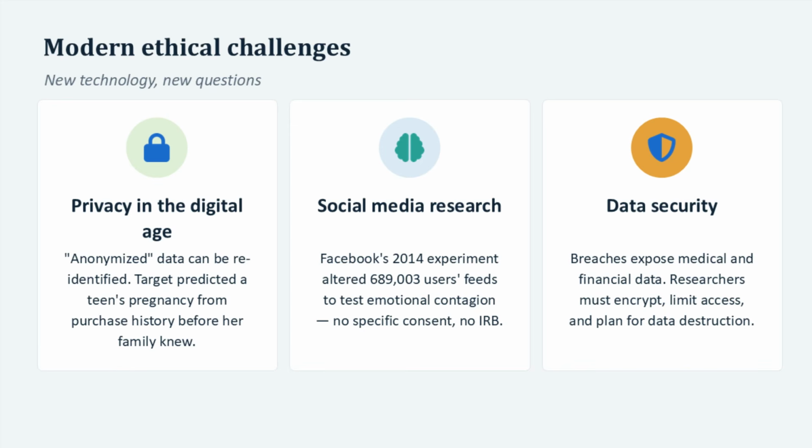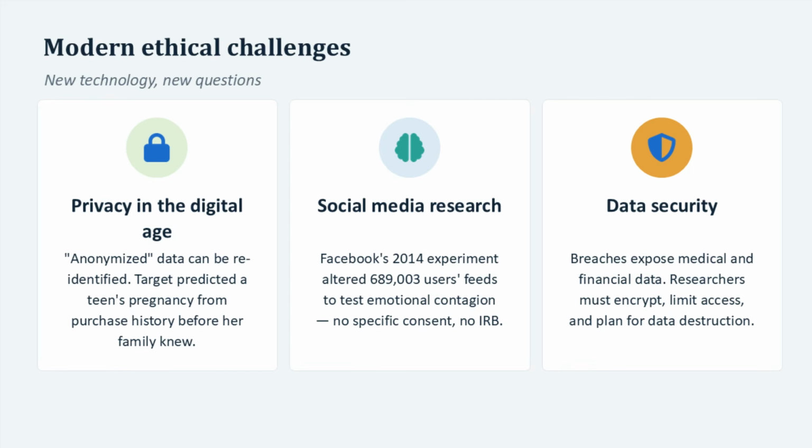First, privacy in the digital age. Here's the tricky part. Even when data is supposedly anonymous, sometimes people can still be identified by combining that data with other information. There's a famous example involving Target. The company analyzed customers' shopping patterns and used those patterns to predict things like pregnancy.